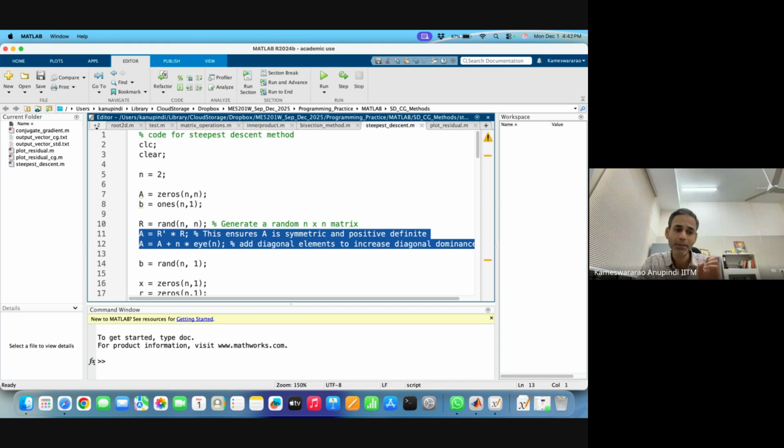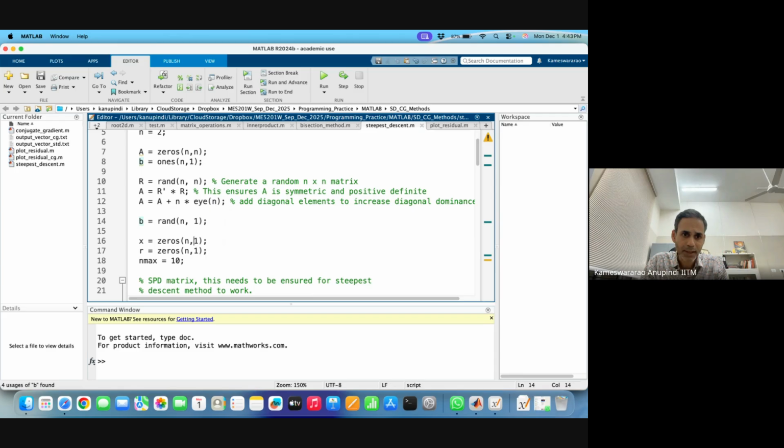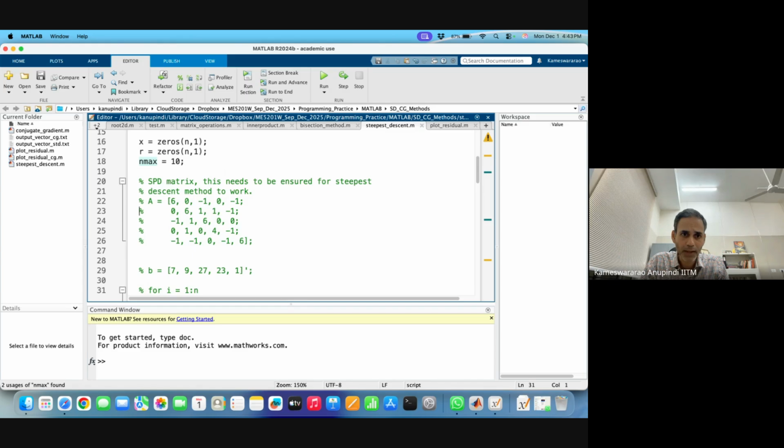This condition is required, otherwise neither steepest descent nor conjugate gradient will work. The B matrix I also take as a random column vector with n rows, so this is n by 1. Then X is the solution and R the residual, and the maximum number of iterations I'm taking as 10.